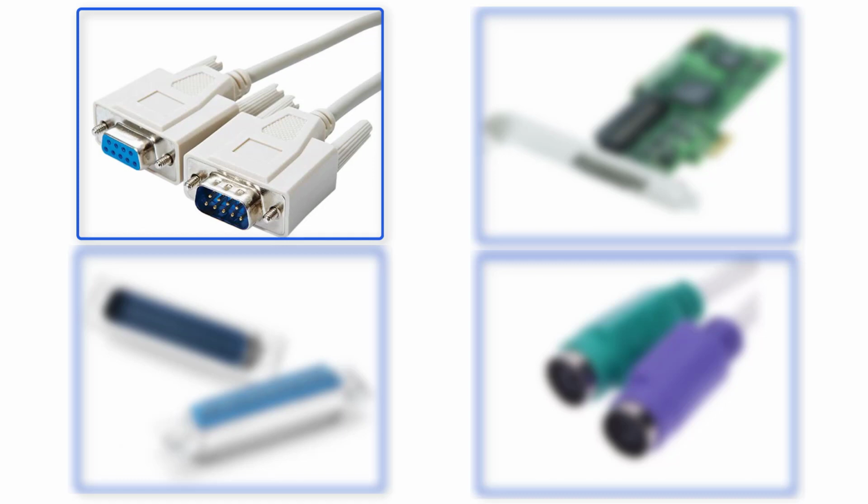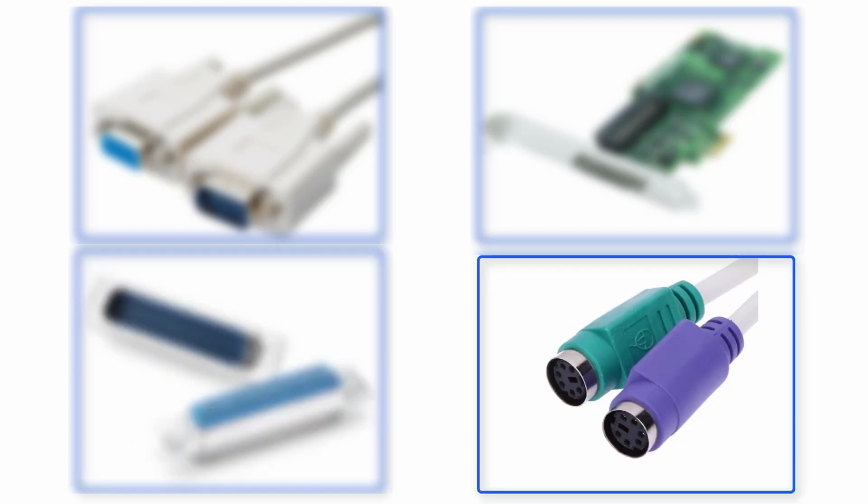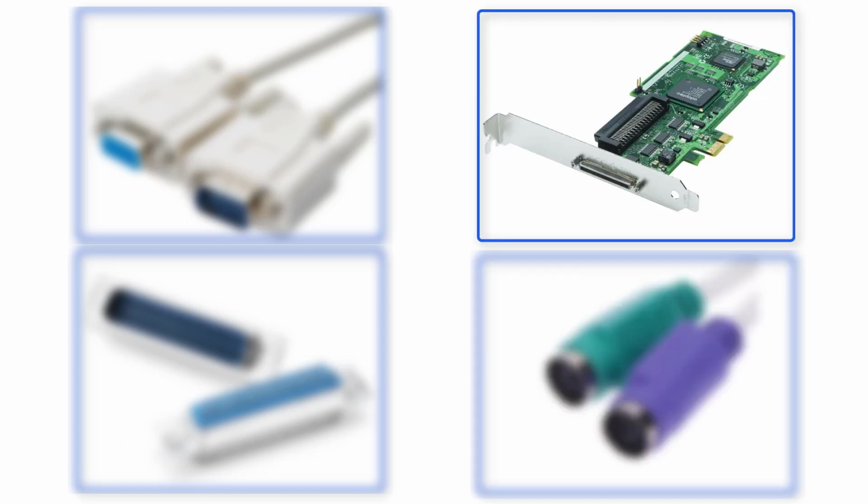This port is also known as DB9 connector or COM port. The parallel port, mostly associated with the printer port, found mostly on personal computers in the past, but virtually non-existent today. The PS2 port, once popular also in the past on keyboard and mice. The SCSI connector, just to mention a few.